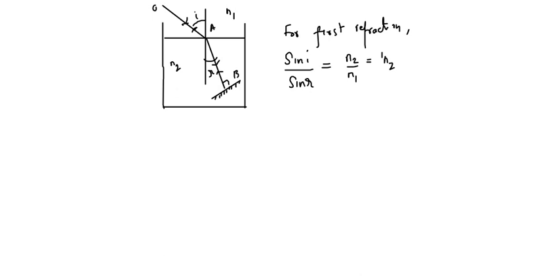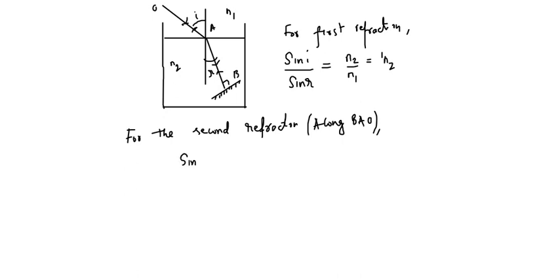For the second refraction, when the ray is traveling back along B A O, the incident angle is now R, so sine R by sine I equals N1 by N2, since it is going from 2 to 1.